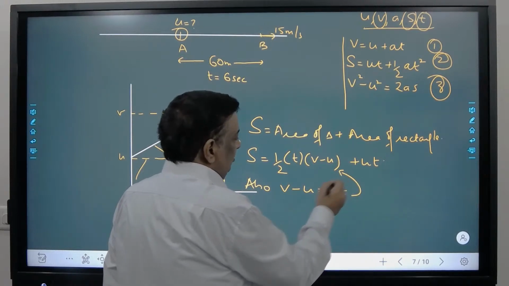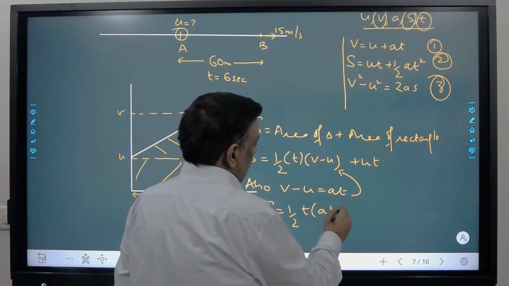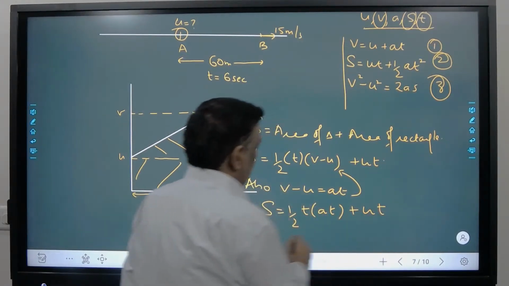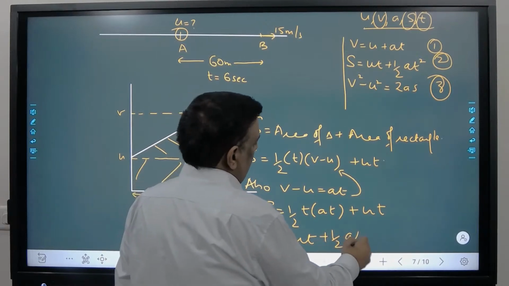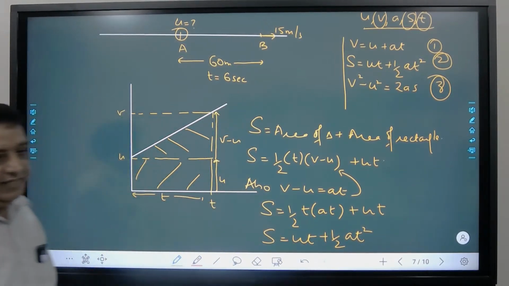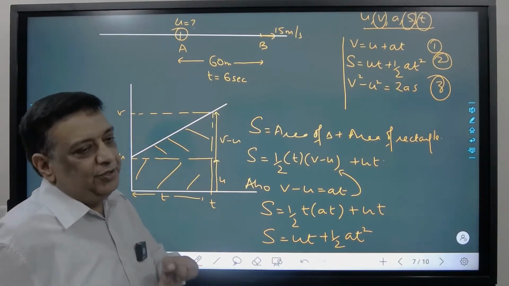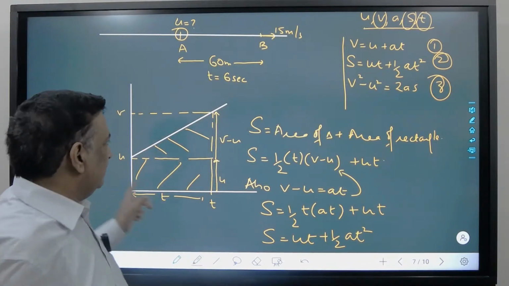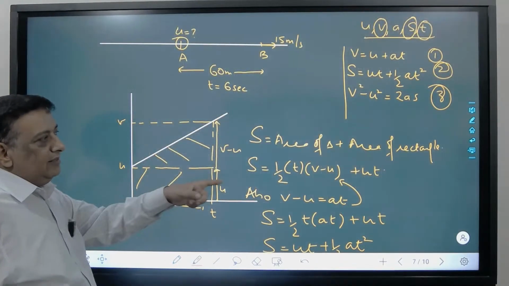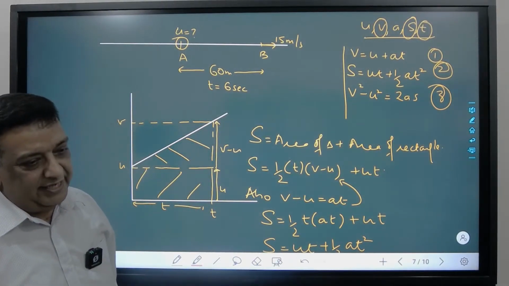So if you substitute this value here, you get s is equals to ut plus half at square. So if you take triangle plus rectangle, it will be ut plus half at square. If you take directly the area of the whole trapezium, then you will get this result: v square minus u square is equals to 2as.